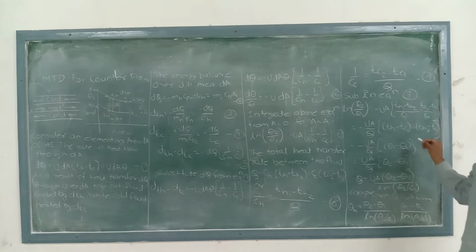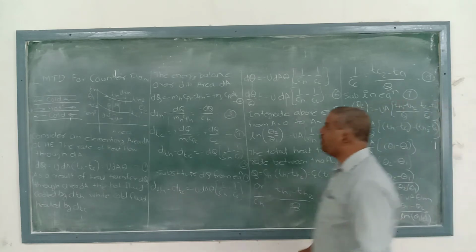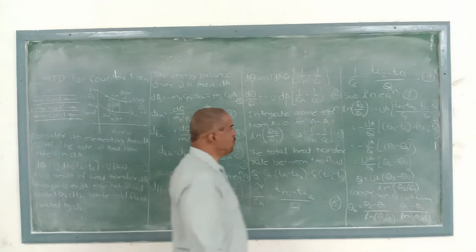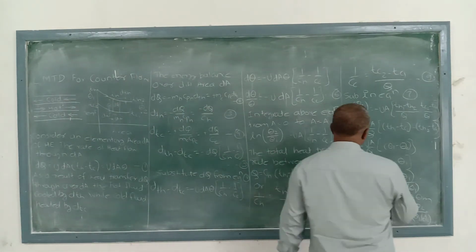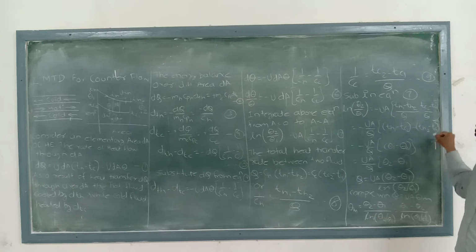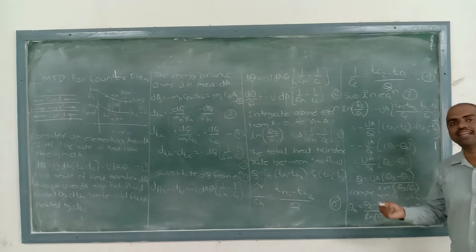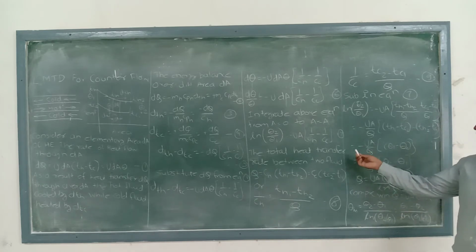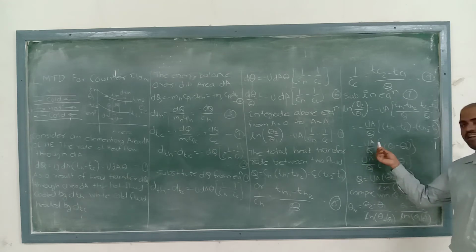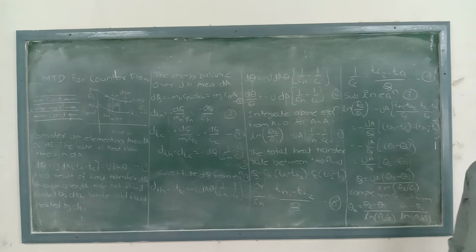We are rearranging the terms because we have to substitute theta 1 and theta 2 in this equation. So Th1 minus Tc2 is theta 1 and Th2 minus Tc1 is theta 2. The equation is modified as ln of theta 2 upon theta 1 is equal to minus UA upon Q into square bracket theta 1 minus theta 2.